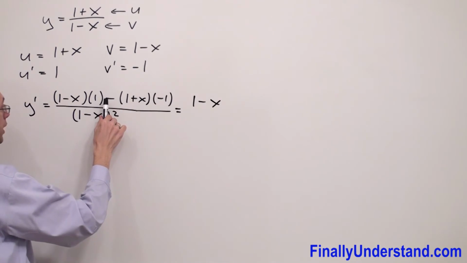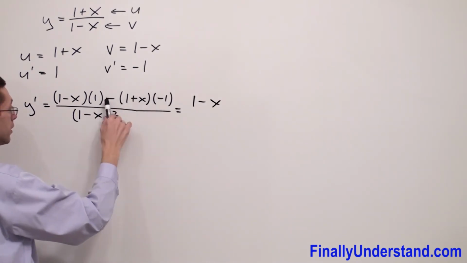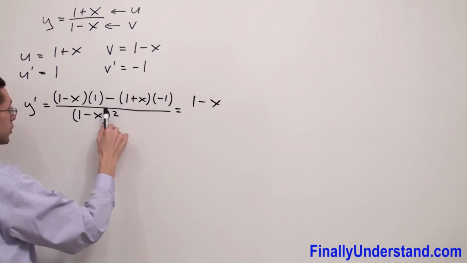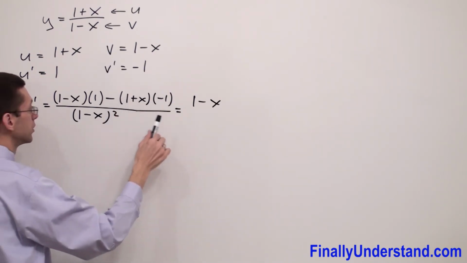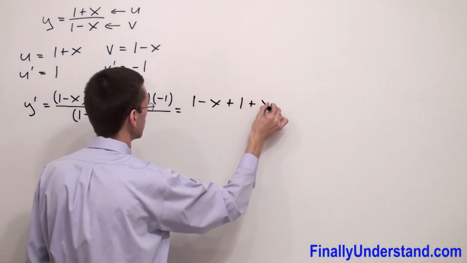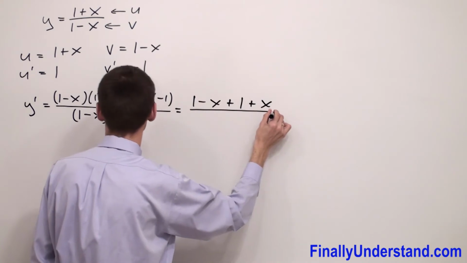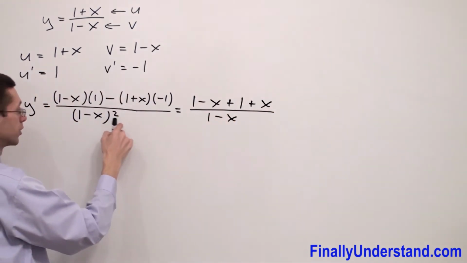and because I have negative times negative, I'm going to have a positive sign over here, right? Negative times negative gives me positive. I'm going to simply copy down the content of these parentheses. So I have plus 1 plus x over 1 minus x to the second power.